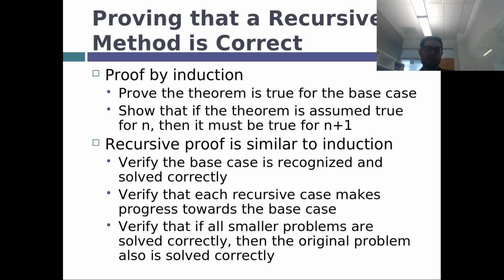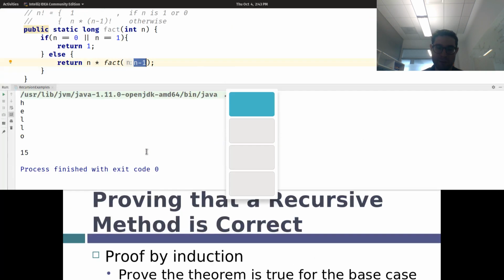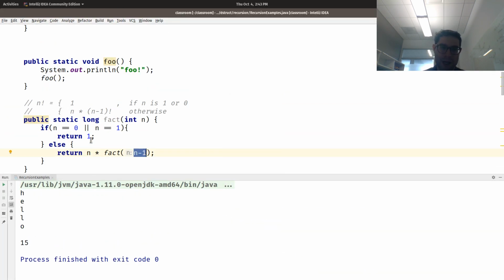Okay, and now the last part to show that it's going to work is that we have to make sure that if all the problems are solved correctly, and we break it apart like this, will it be put back together in an appropriate answer? So for factorial, we're multiplying 5 times 4 factorial in our example. And 4 factorial is equal to 4 times 3 factorial. 3 factorial is equal to 3 times 2.